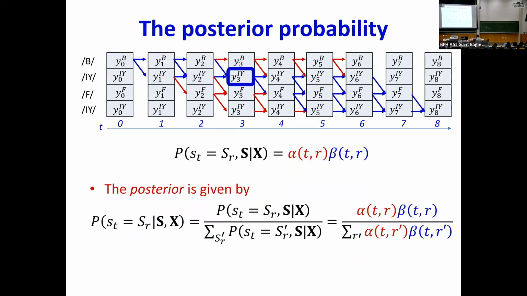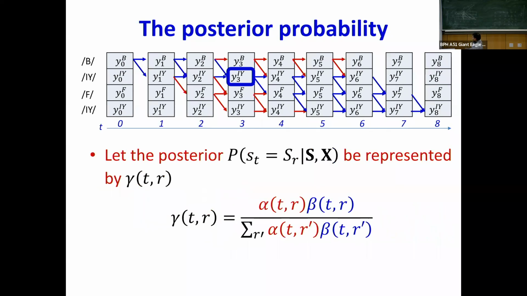So what we will do is normalize. So you can compute the alpha tr and beta tr for each node, and then you'd compute alpha tr times beta tr for each of the nodes in the column, and then divide by the sum of the same term. And now this gives you the posteriors, which are going to sum to 1. Okay? And so I'm calling that gamma tr.